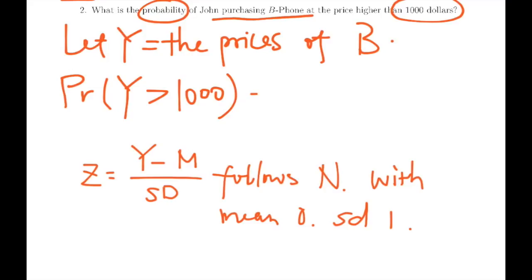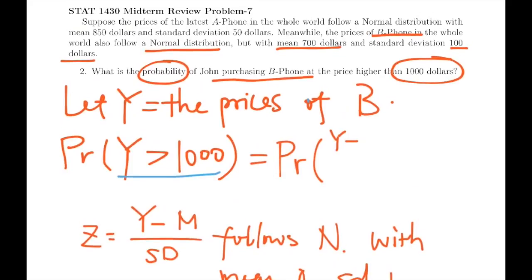So that means for the inside of this parenthesis, we subtract both sides by the mean, which is $700, and then divide by the standard deviation, that is 100.